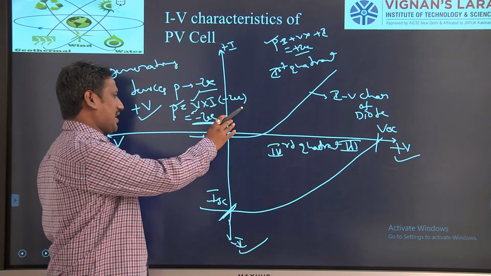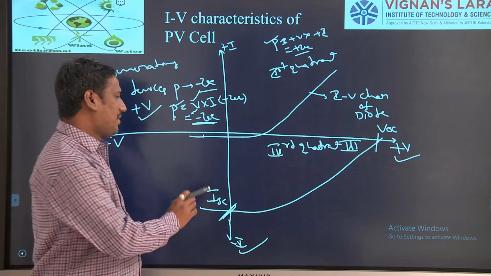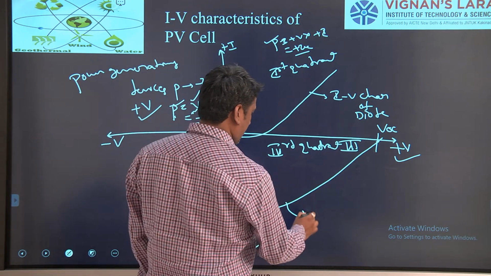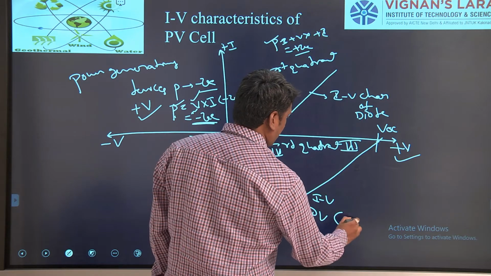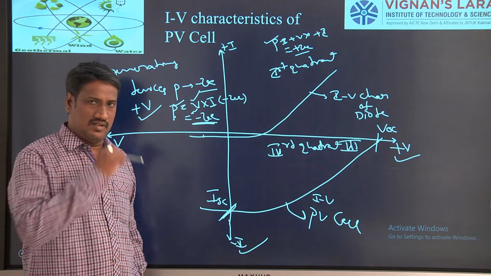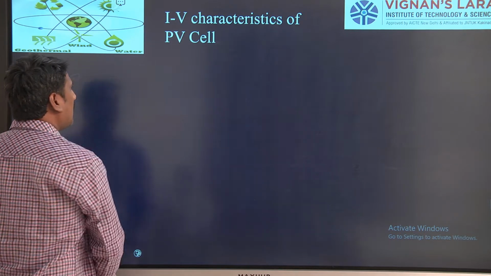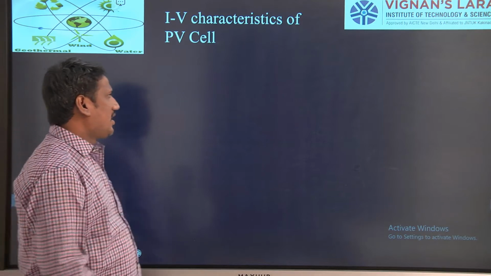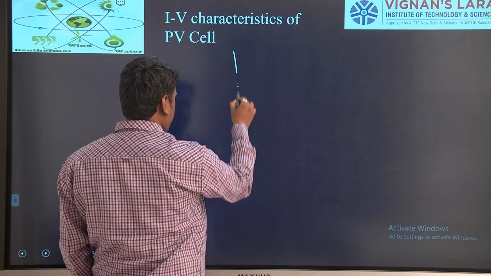So from the IV characteristics of a diode, I have drawn the IV characteristics of the PV cell. This will be the IV characteristics of the PV cell that you can observe. So now coming to here, I have drawn the IV characteristics of the PV cell.